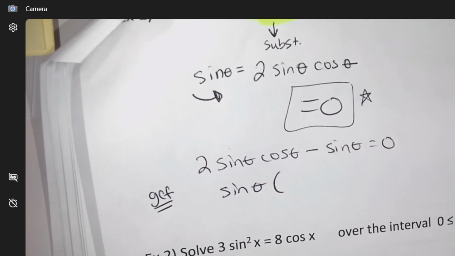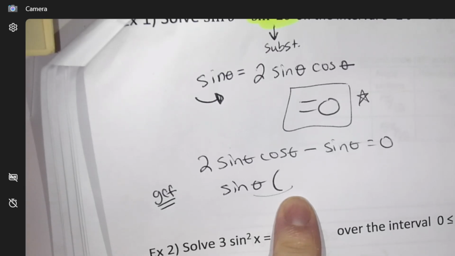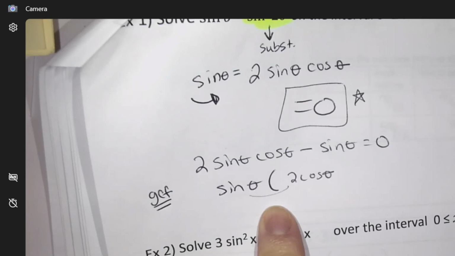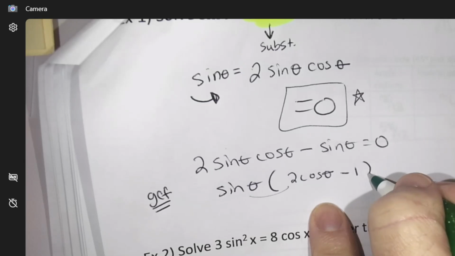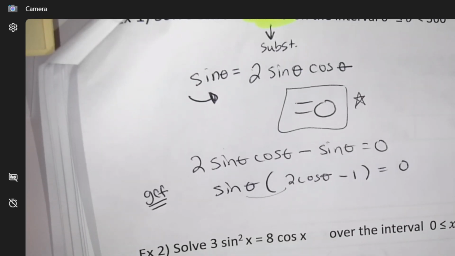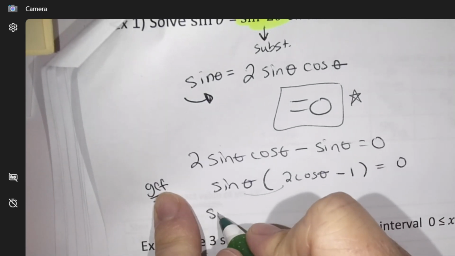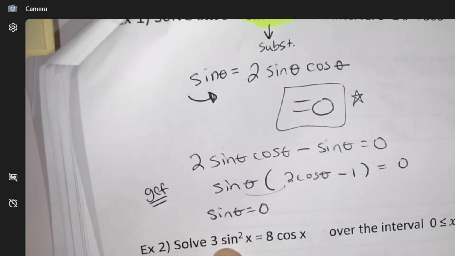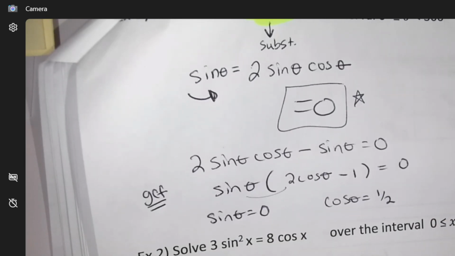Good? You see it? Okay, here we go. Sine theta times what makes that? Sine theta times what makes that? Sine theta equals 0 on that multiplier. And cos theta equals 1/2 on that multiplier.